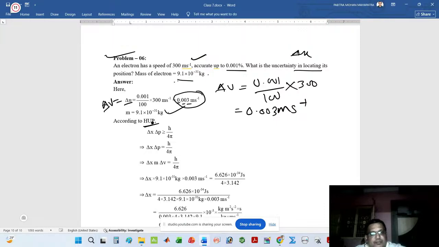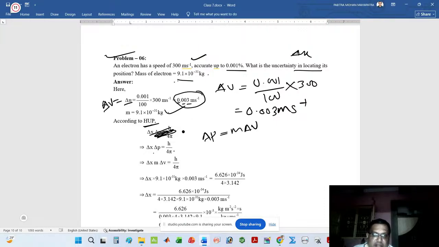According to HUP, the Heisenberg uncertainty principle, I can write like this: del x into del p is equal to h by 4 pi. We know that del p is equal to how much? m into del v.